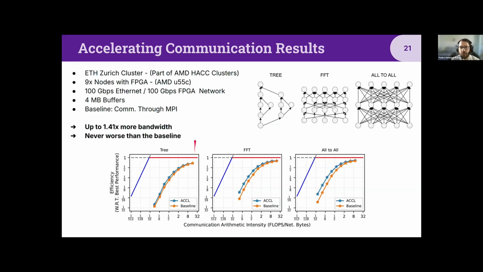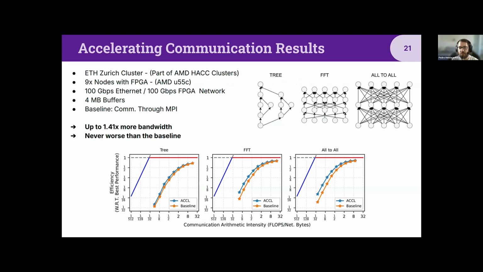To evaluate that, we did an experiment on the ETH cluster that's part of the AMD HACC clusters. We tested here 9 FPGAs on 9 different nodes, and we tested 4 megabyte buffers. We use a synthetic benchmark called Task Bench, so I implemented Task Bench for FPGAs.